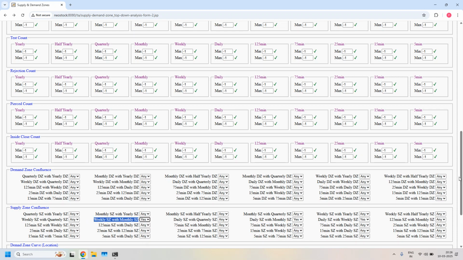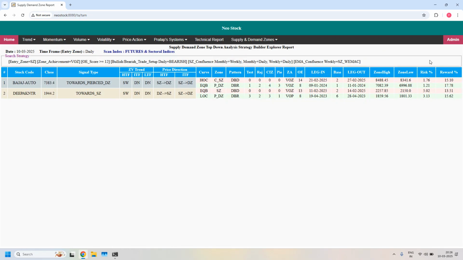Enabled all the 3 filters. We got 2 stocks. And for both, the HTF trend is supply zone, so no need to look for EMA confluence because it doesn't give any advantage. Okay, this is the bearish trade setup for monthly income trade.